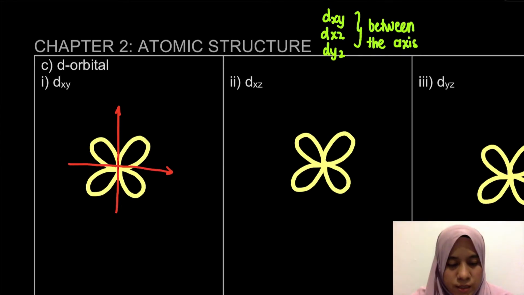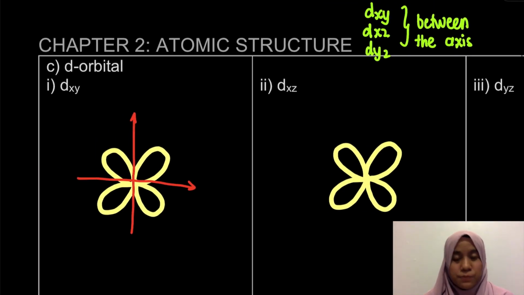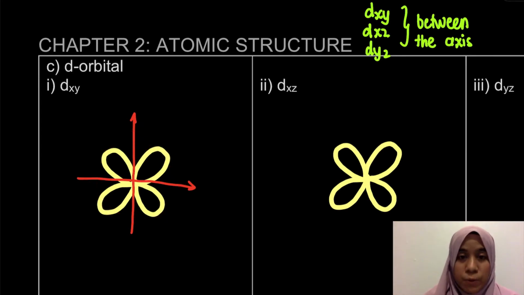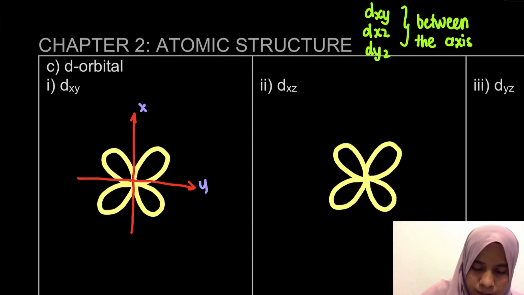Between the axes itself. So for dxy, we mentioned the orbital is between the axes. Between the axes of what? X and y. So label here: here is x, here is y.